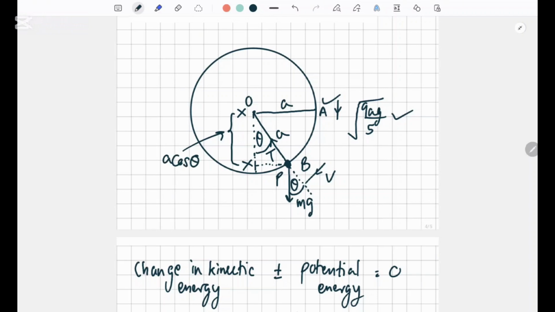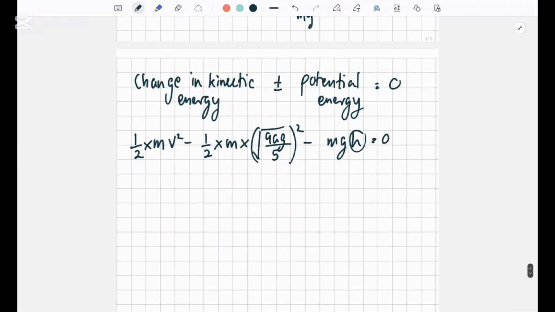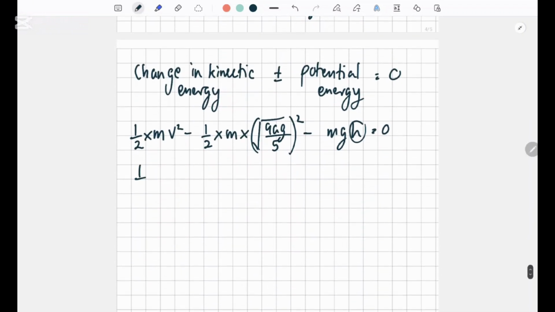It's a cos theta because we need the vertical height for mgh. So the height is a cos theta.